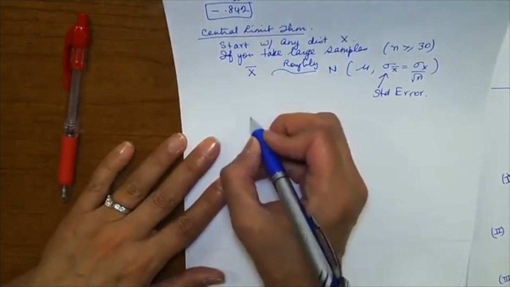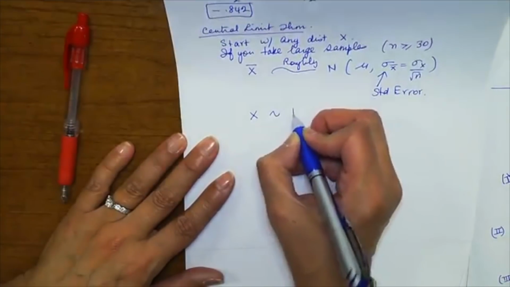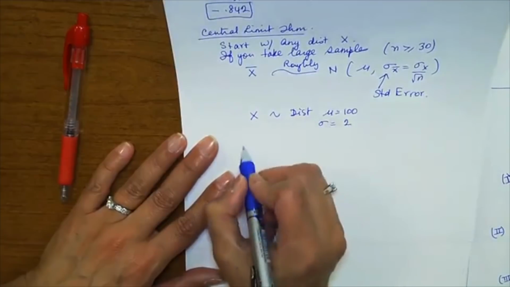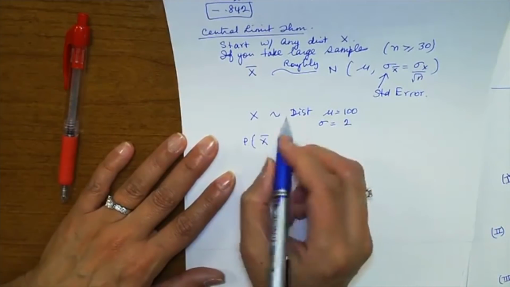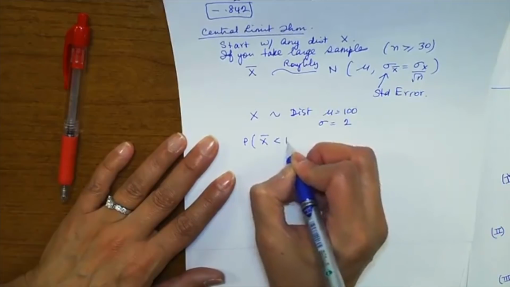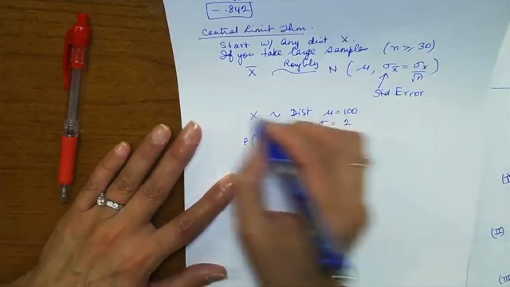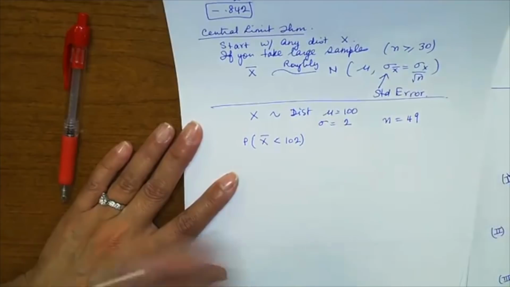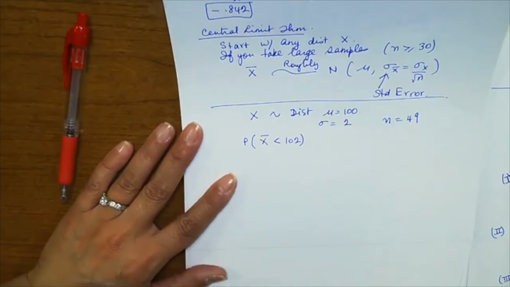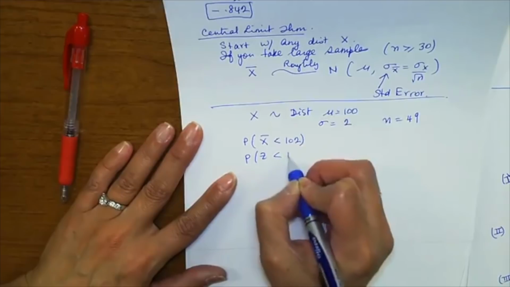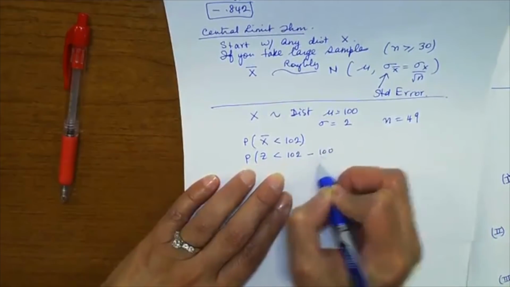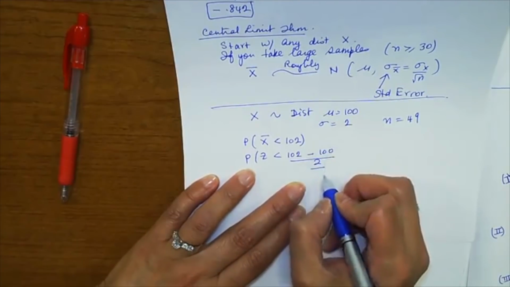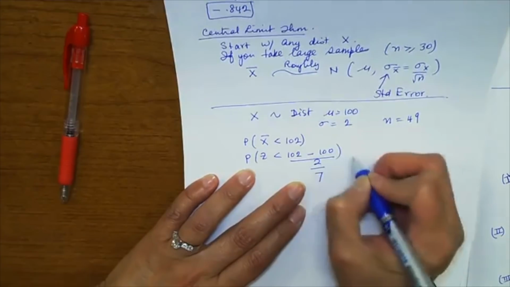So what if I say x is some distribution, the mean is 100 and sigma is equal to 2. Find the probability that x bar is less than 102, and it's given that n is equal to 49. So probability z less than 102 minus 100 over sigma over root 49, which is 7.